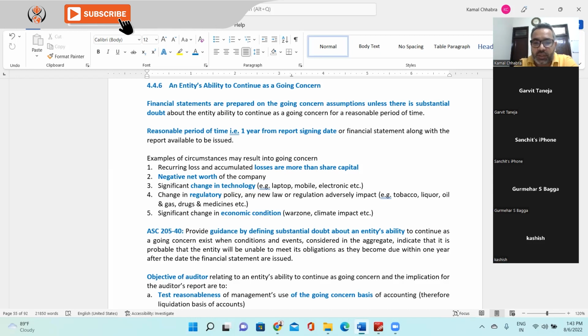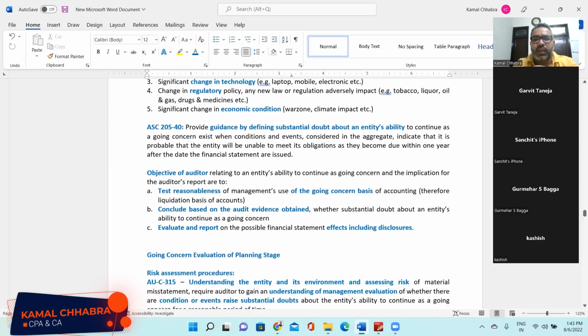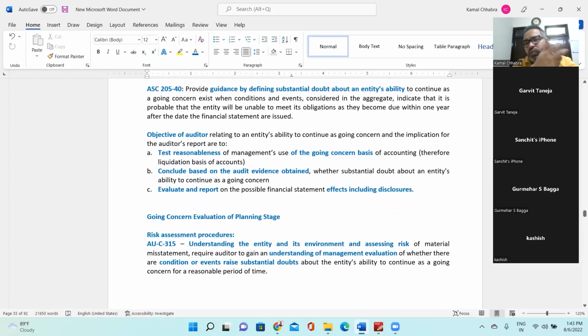Change in regulatory policy or any new laws or regulation adversely impacting maybe the tobacco industry, liquor industry, oil and gas industry, drug industry, medical industry, right? Significant change in economic condition like war zone, climate impact. So those may be indicators of the going concern assumption issue for the management as well as for the auditor, which you need to keep in mind.